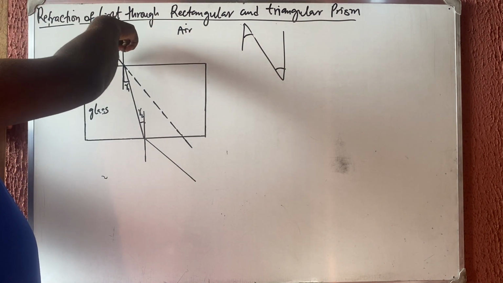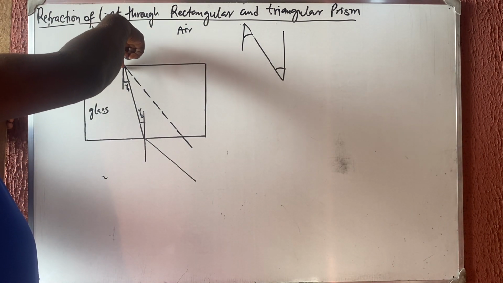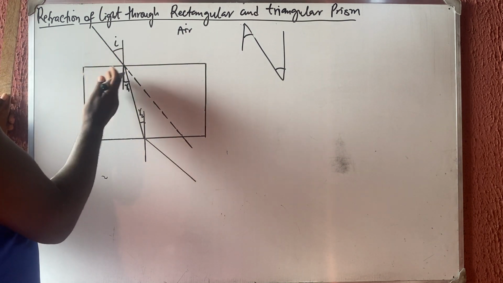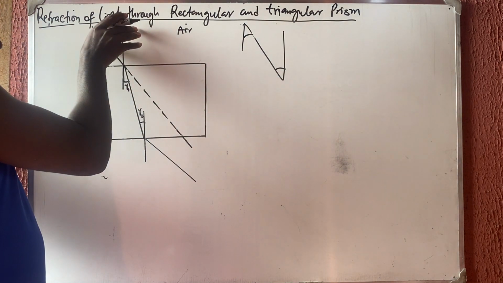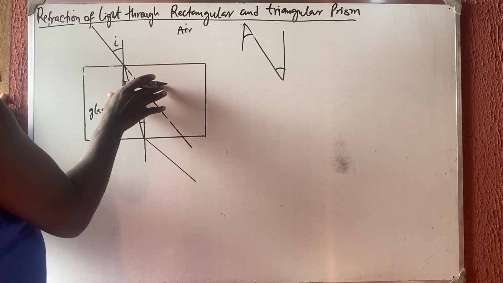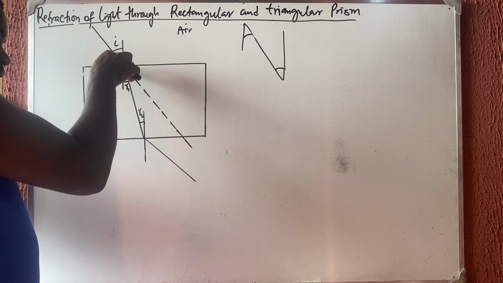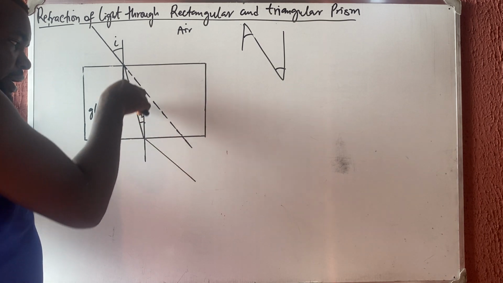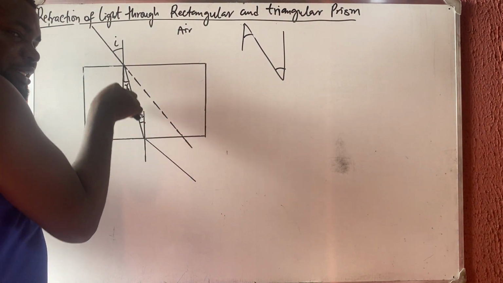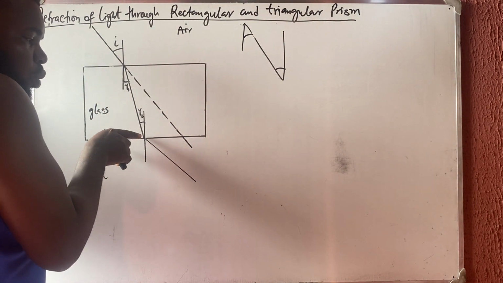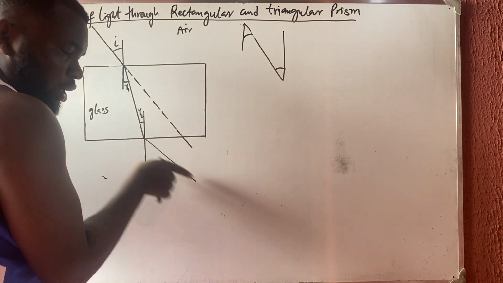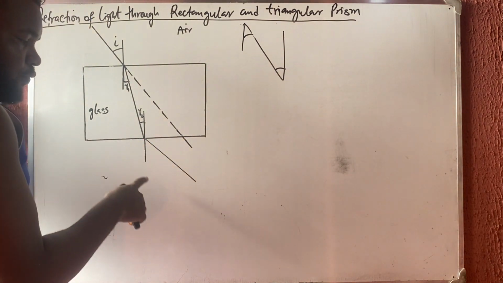This one came in from air, then the refraction is going closer to the normal. Why? Because air is less dense than the glass. Then when you form another normal here, this one becomes the new incident ray. This new incident ray will form a refracted ray that will be moving away from the normal.